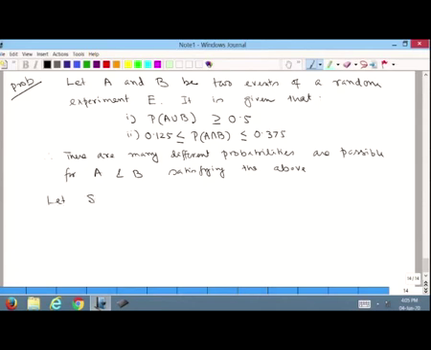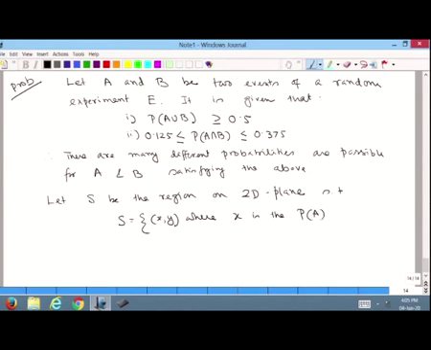Let S be the region on 2D plane such that S is equal to (x, y), where x is the probability of A and y is the probability of B satisfying the above conditions.